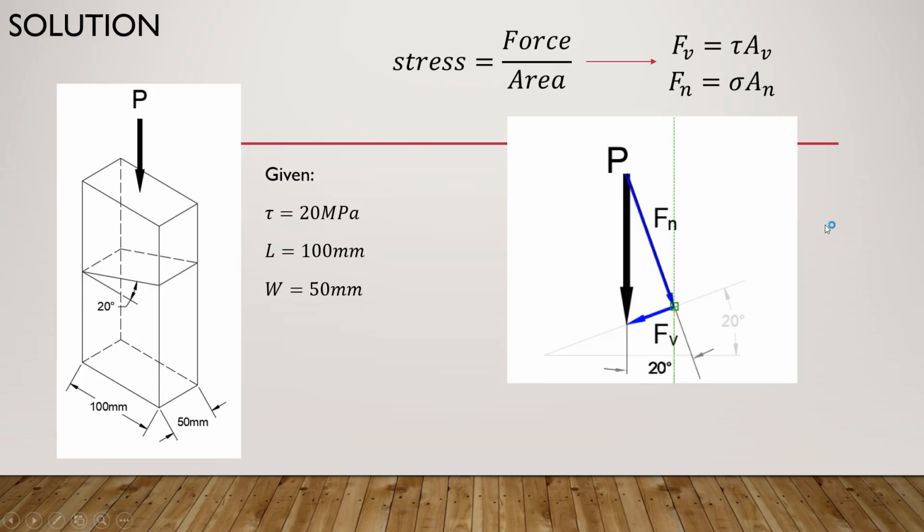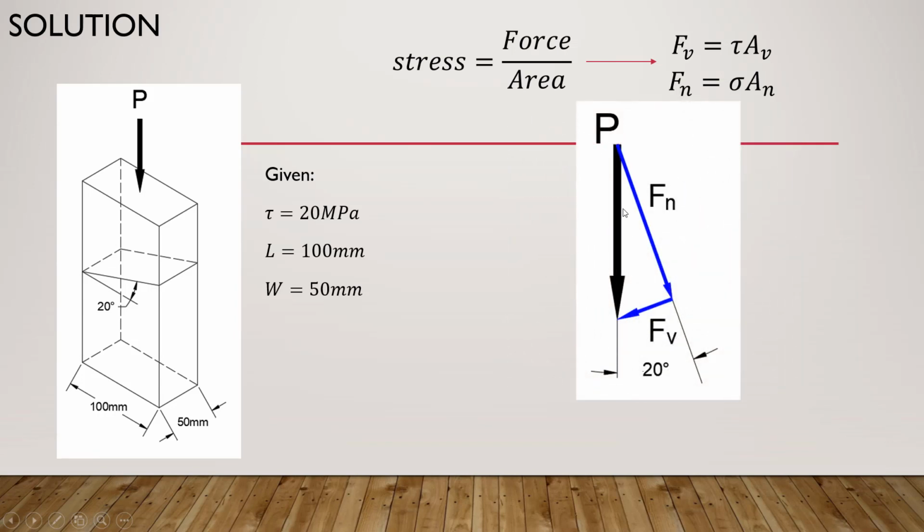From that, we can determine the value of the normal force Fn and the shear force Fv. Since Fv is opposite to the angle, we use P times sine of 20 degrees. And since Fn is adjacent to the angle, we use cosine of 20 degrees. So Fn is equal to P cosine 20 degrees.